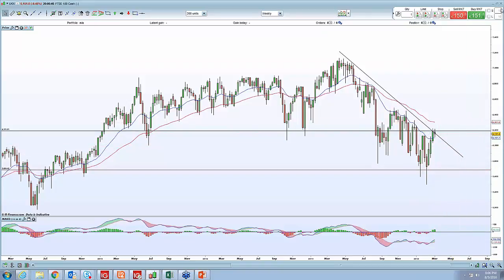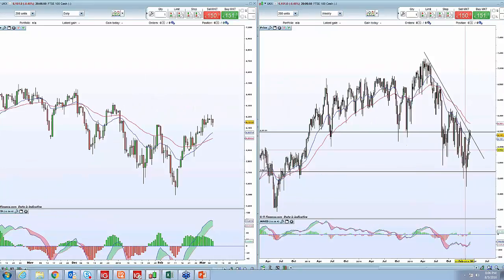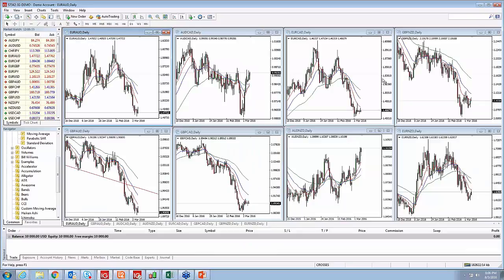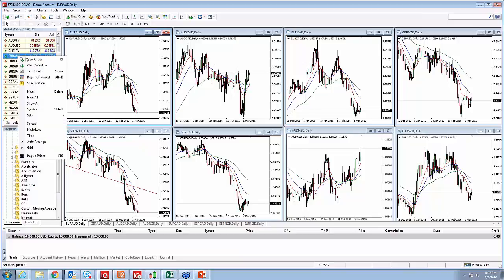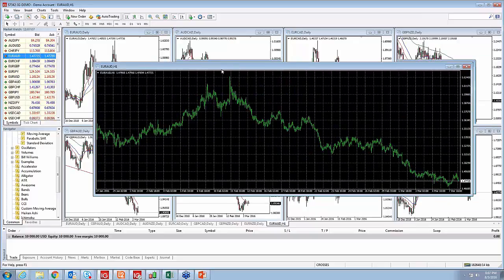Mr. Tan asks, how to use the scan using MT4? MT4 is basically something I set up myself, and you can do the same. For example, go to Euro Aussie on the market watch, right click, go to chart window to bring out the chart.